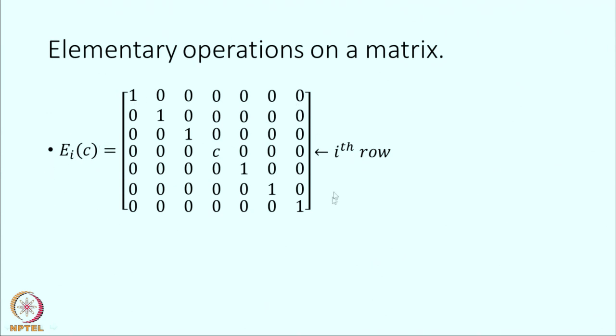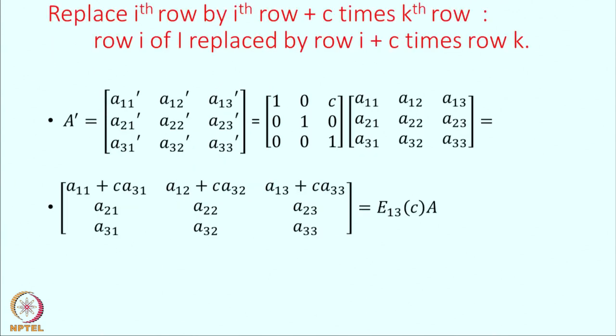I have the identity matrix, and the ith row of the identity matrix is multiplied by C. All the other elements are 0, so only the diagonal element of this matrix is replaced by C in place of 1. If I take this matrix and multiply it to a given matrix, verify yourself that you will get C times the row of the original matrix. That is shown here.